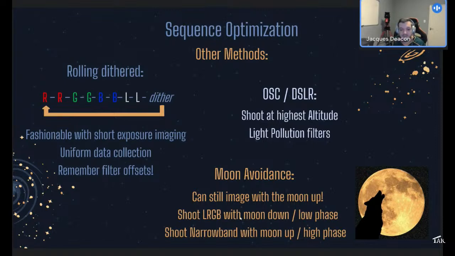So just a point on moon avoidance: when you have narrowband filters and you want to do some LRGB normal color work, shoot your LRGB when the moon is down, or at a low phase, say less than 50% moon, while you shoot your narrowband with the moon up, or when it's at a high phase.